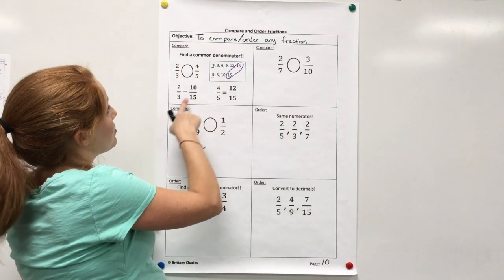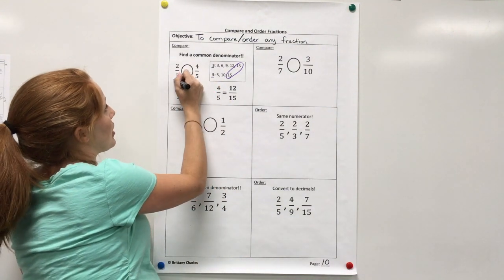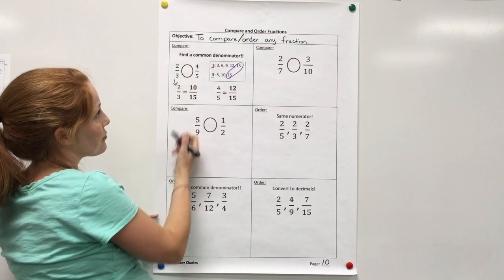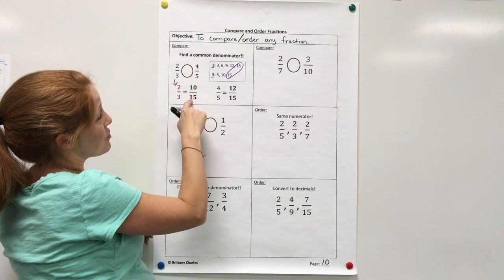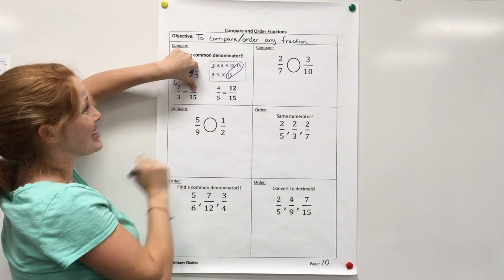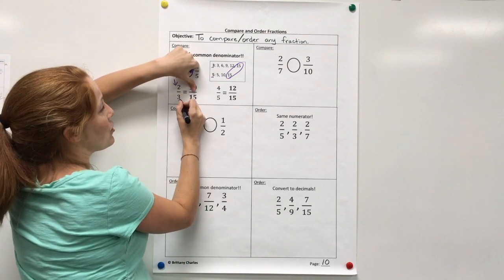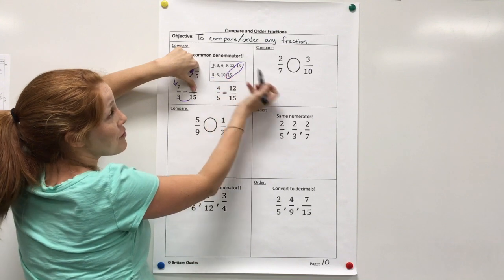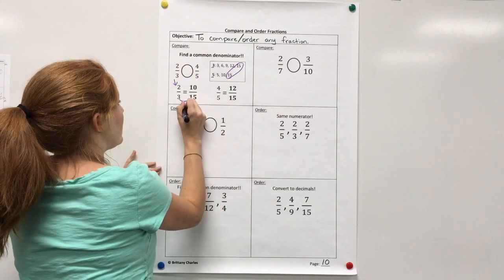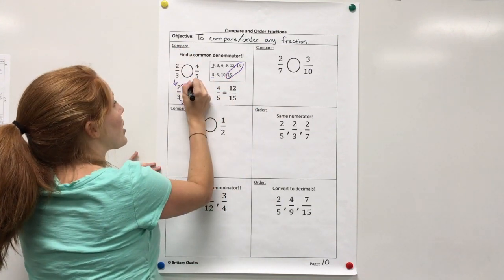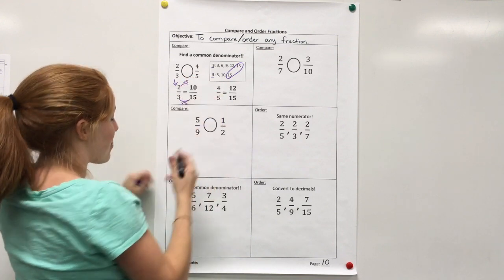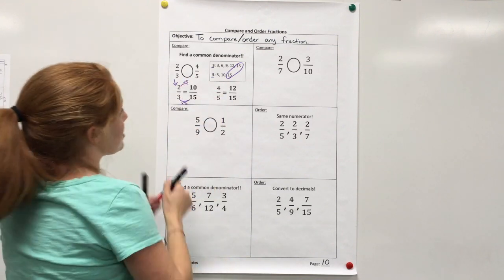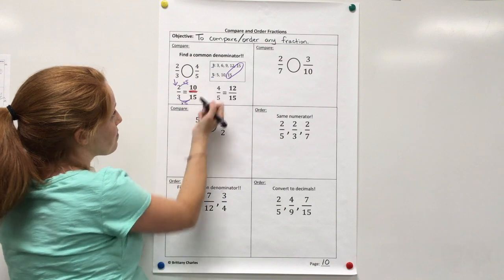So now I would take 2/3 and bring it down here. I know my new denominator is 15, and this is what I didn't know. But I know that to get from 3 to 15, 1, 2, 3, 4, 5, that's times 5. So I would do times 5 up here, and that's how I got this 10, okay?